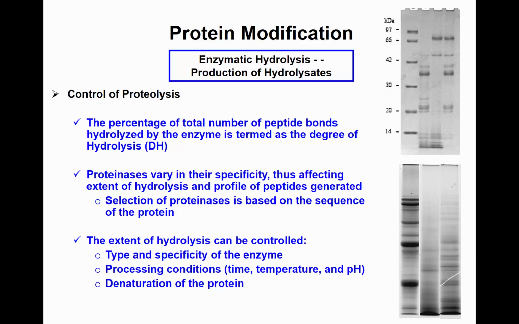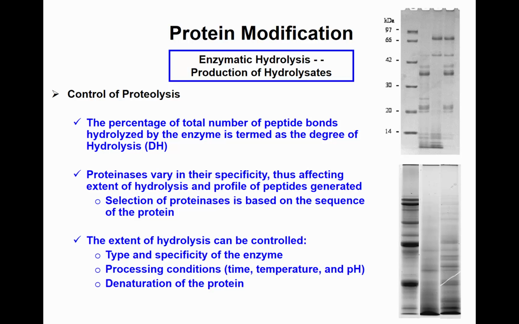So you see the beta-conglycinin intact, and then you see that the glycinin subunits are missing, and you have those smaller peptides. So you can control the type of peptide generated by selecting the enzyme. With that, this became a better gelling agent, and this became a better emulsifying agent.